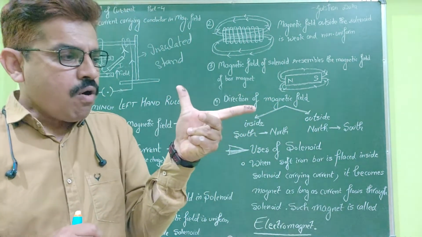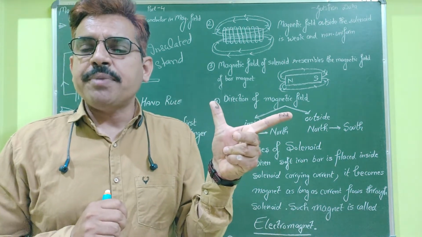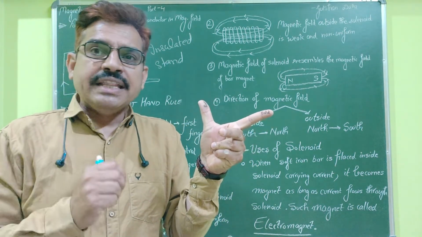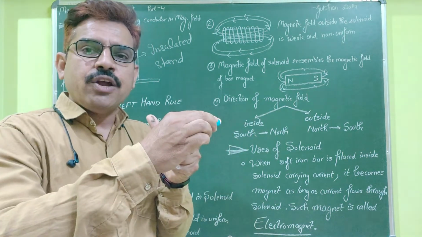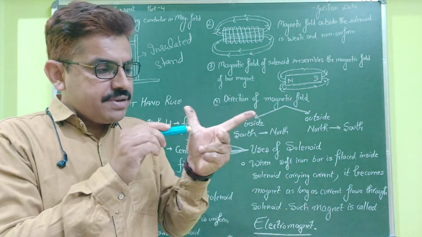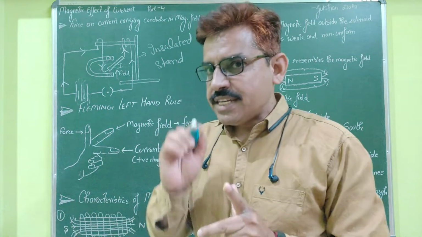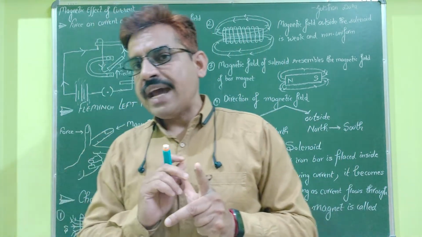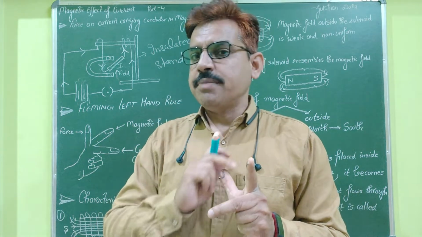All three fingers are mutually perpendicular to each other, meaning they make an angle of 90 degrees. This is also 90 degrees, and this is also 90 degrees. That is why I am saying the force is maximum at 90 degrees.